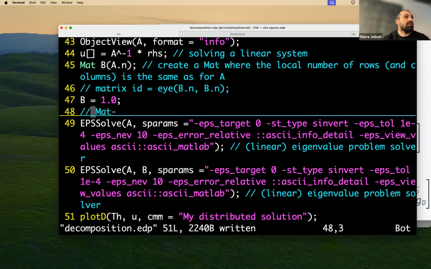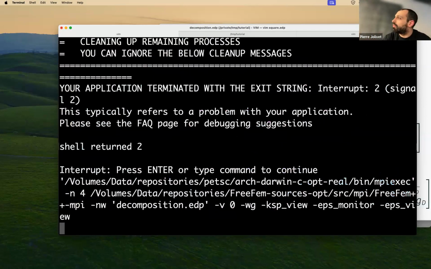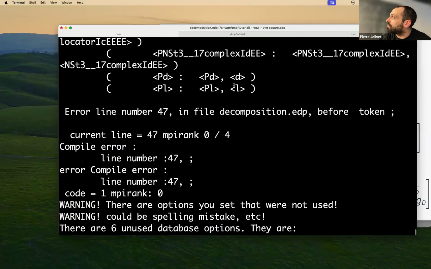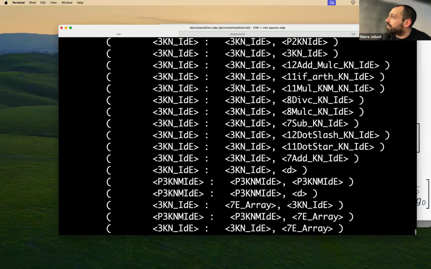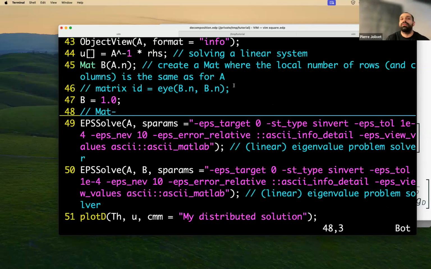I need to add it, but it's not there currently. If we do this currently, I think we'll get some sort of error like impossible to assign a double to a Mat. Let's check it out. Okay, a lot of errors in fact, but it's definitely doable, but it's not currently in the PETSc FreeFEM plugin.